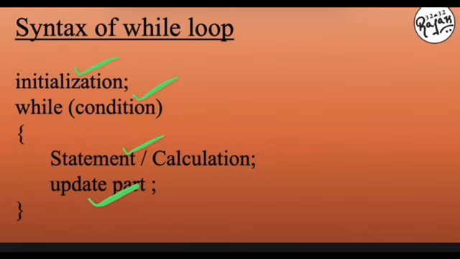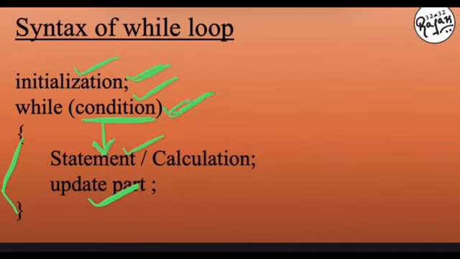So let's get started. Initialization is the part which initializes the loop, or you can say which starts the loop. This part is known as the condition part. Condition checks whether you are allowed to get inside the body of this while loop or not, and you are allowed to get in only when this condition is true.